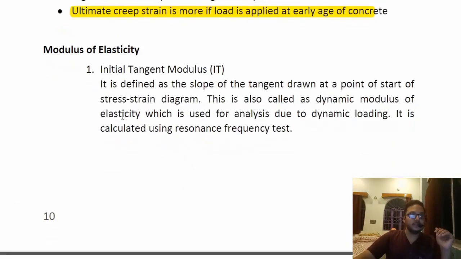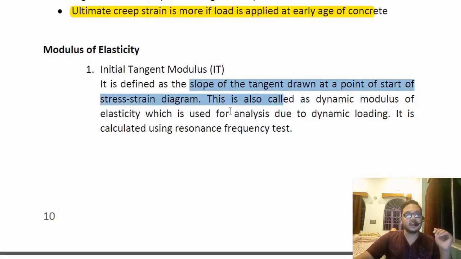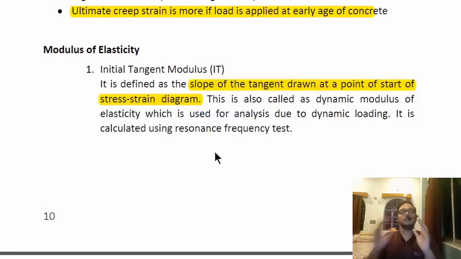The initial tangent modulus is defined as the slope of the tangent drawn at the point of start of the stress strain diagram. So where the stress strain diagram starts, if we draw a tangent to that curve, it will give us the initial tangent modulus.